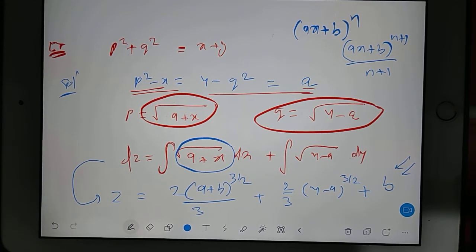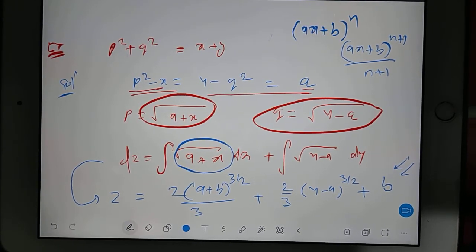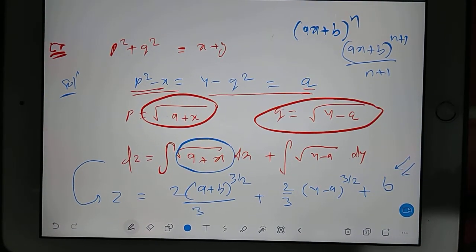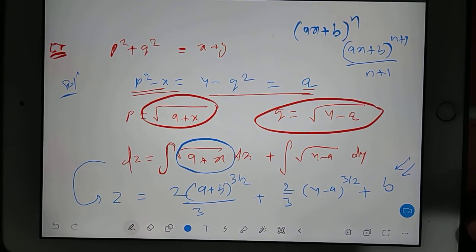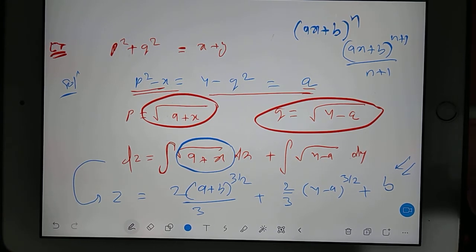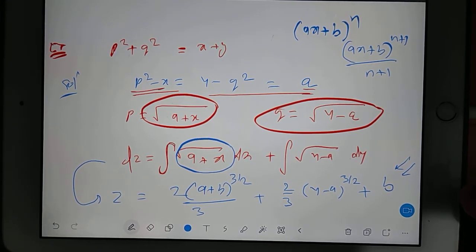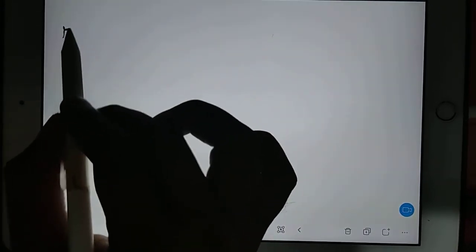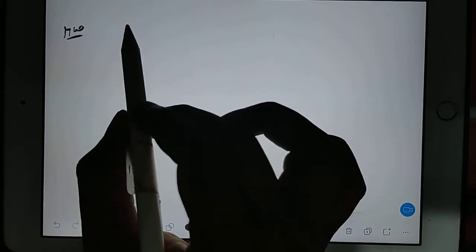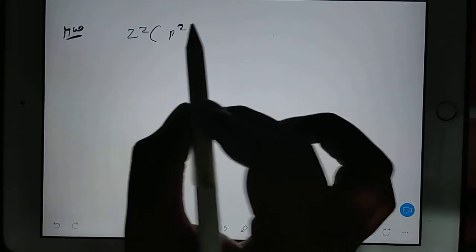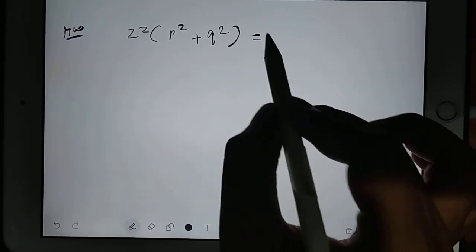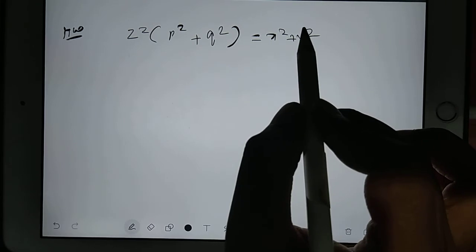Now we'll take one format, format 4. I will give you one equation, that equation you solve by yourself. I'll change the page. One homework you try by yourself for the same topic. z square is equal to p square plus q square is equal to x square plus y square.